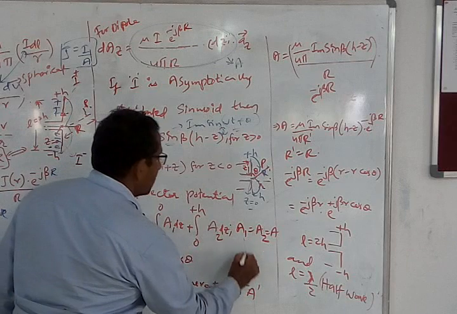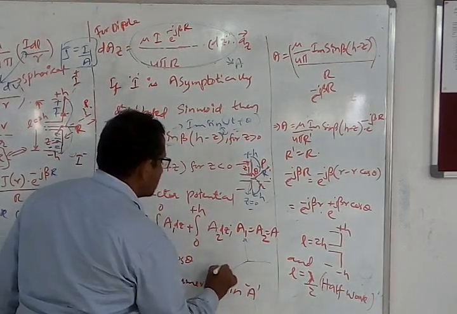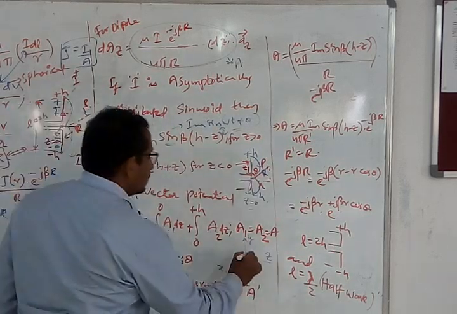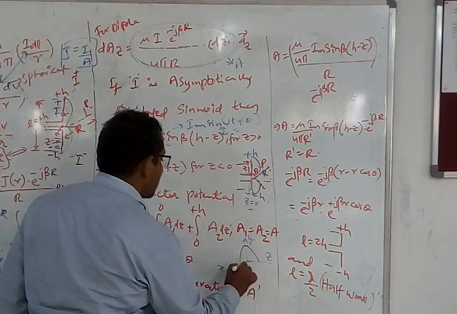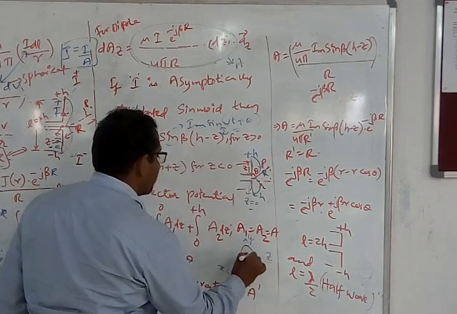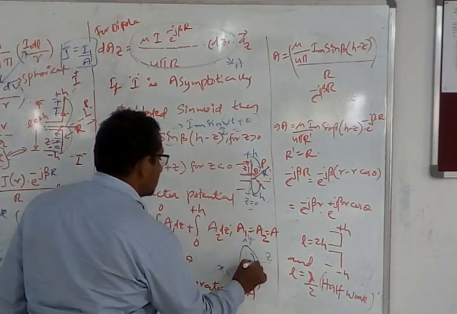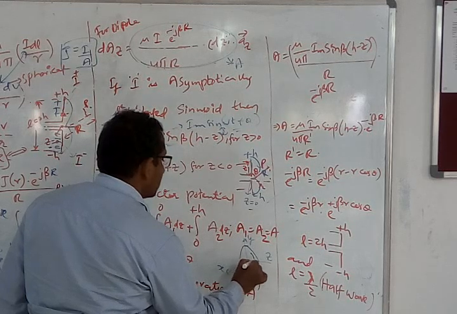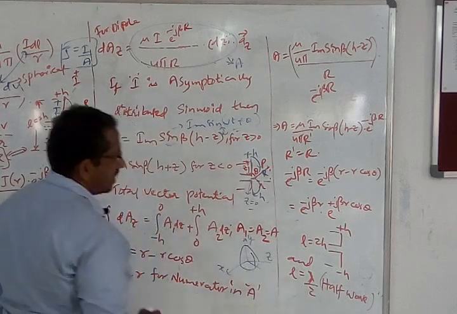Keep in mind this is our system: say this is x, this is y, and this is z. Now our spherical coordinate system is like this. On the surface we take a point here, erect a line from here, and draw a straight line passing through this.